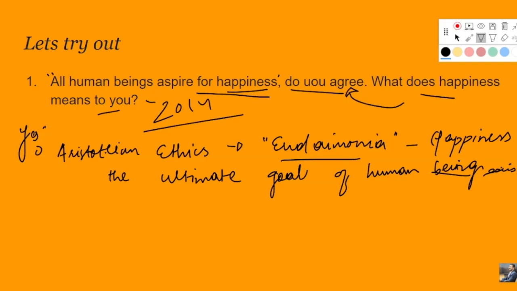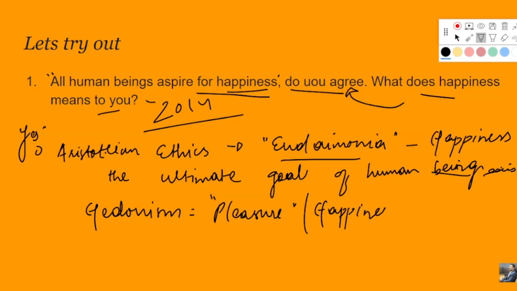So as we all know, all the activities of mankind are in the pursuit of happiness, right? As we have already discussed in the concept of hedonism, whatever we do is for the sake of pleasure, right? Or happiness.